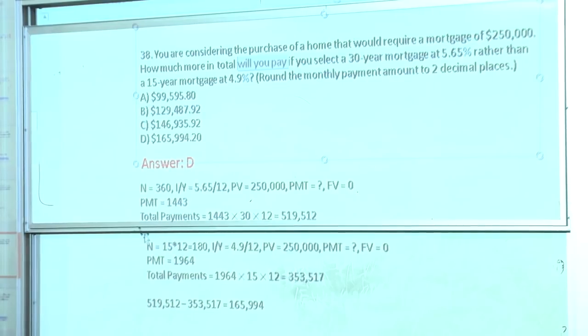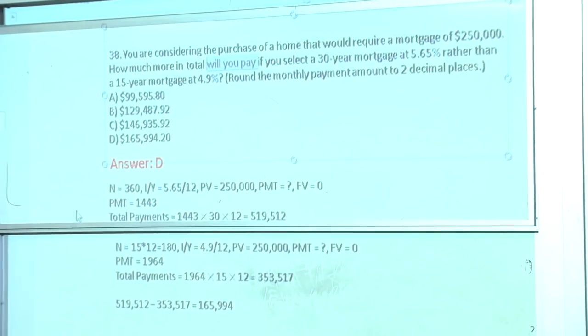The amount of loan outstanding becomes 0. One is 30 years, the other is 15 years. So first, let's calculate the PMT, or periodic payment, for the first mortgage.